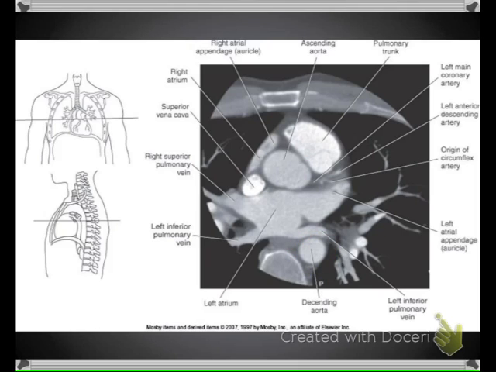And so we're catching both the ascending and the descending aorta here. Another thing to keep in mind, which possibly is a little more difficult to really discern what you're looking at here, is the pulmonary trunk. And so based on the amount of contrast in this, it would probably be safe to assume that this is probably an examination for pulmonary embolism to really highlight the pulmonary arteries. But this image is not really that great for demonstrating the pulmonary arteries.